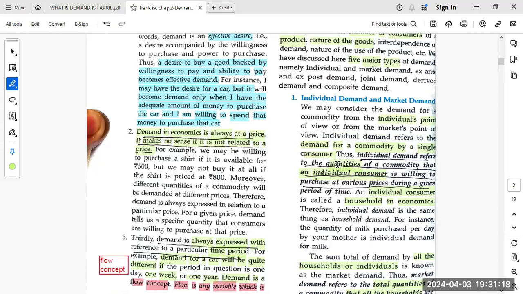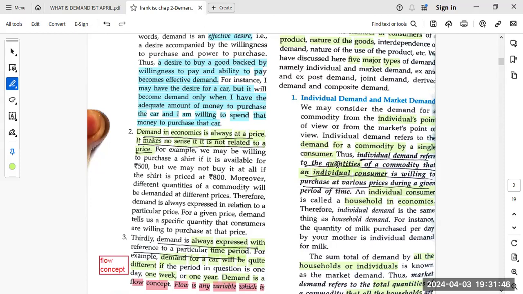But if I say, what is the demand? Like, for example, again going back to the milk example, suppose I am staying in an apartment where almost 20 people live. There are 20 households. So the demand for milk is 1 liter in my household every day. So when I say that, it becomes individual demand, because individual demand is also called household demand.